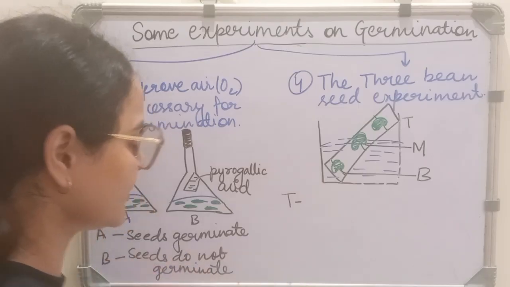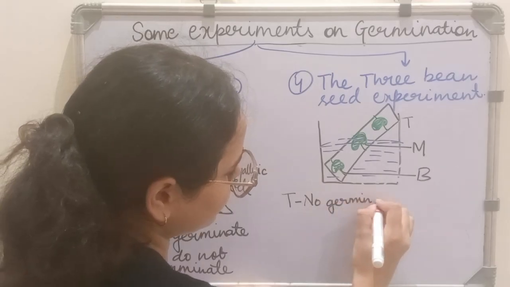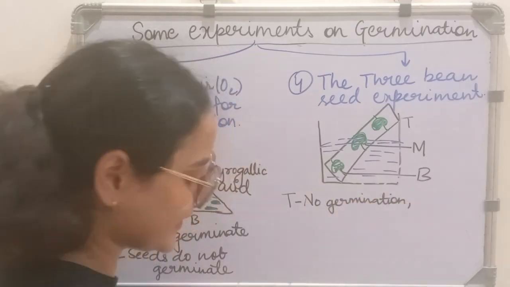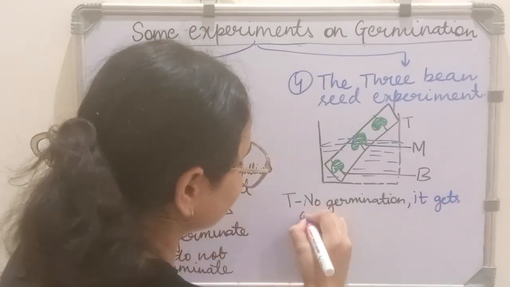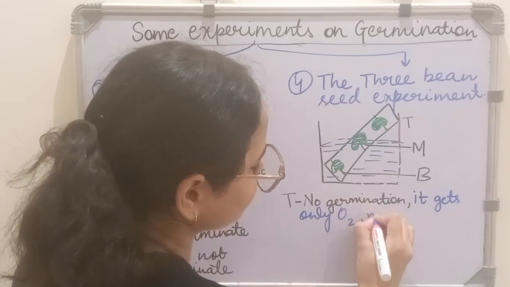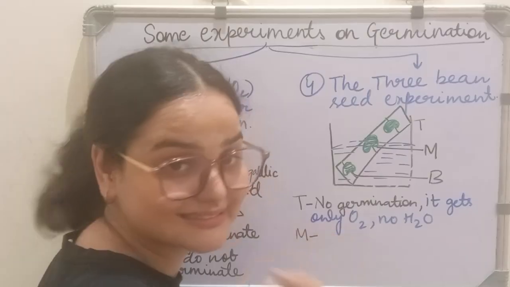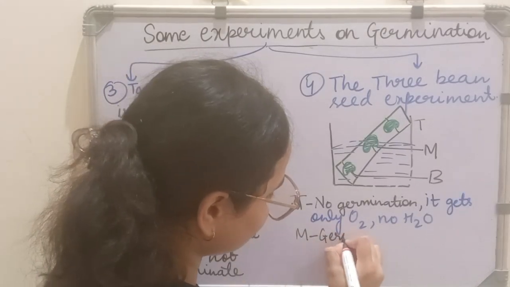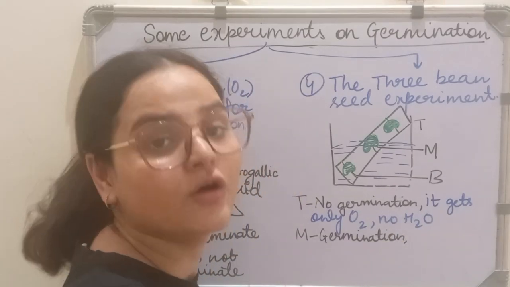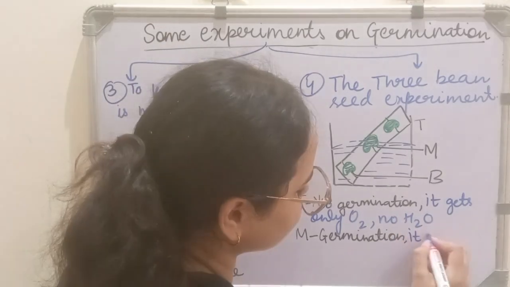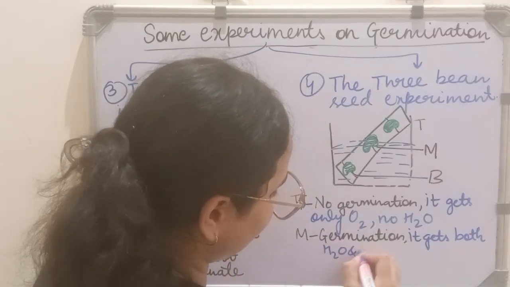So let's write it down. Top seed, no germination. Why? Because it gets only oxygen, no water. Now in middle we see germination because it gets both water and oxygen.